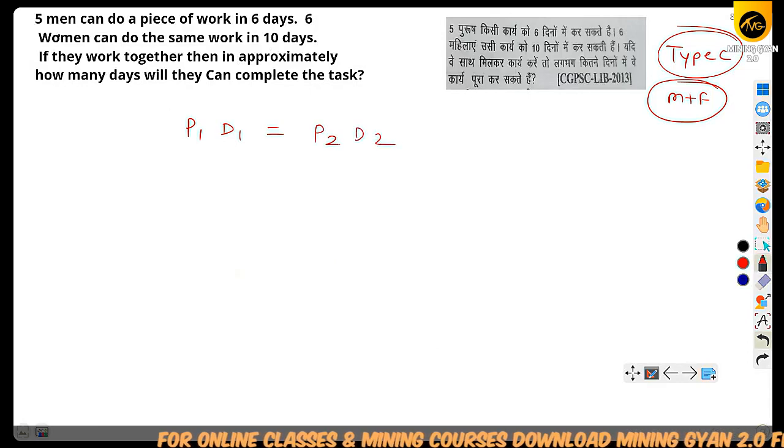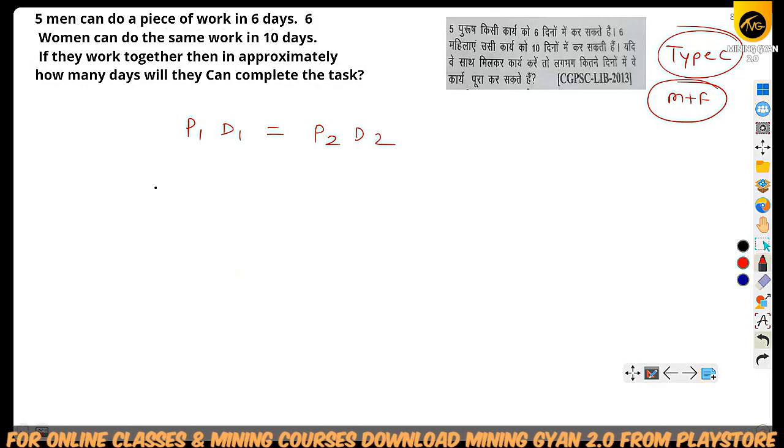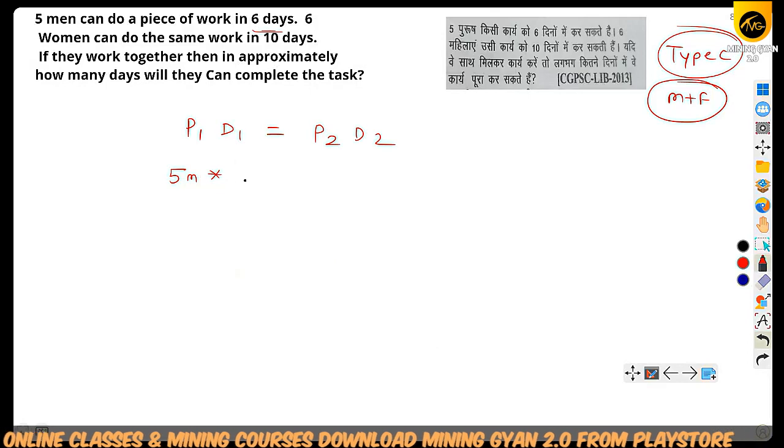Now in the first case, 5 men can do the piece of work in 6 days, so 5 is the number of persons, but we have to use 5m to recognize whether this person is male or female, because the first condition is male.